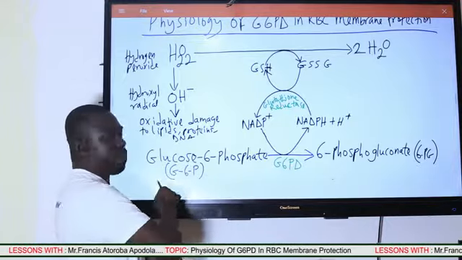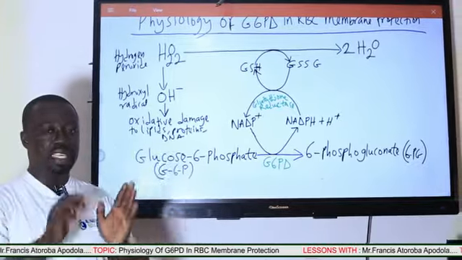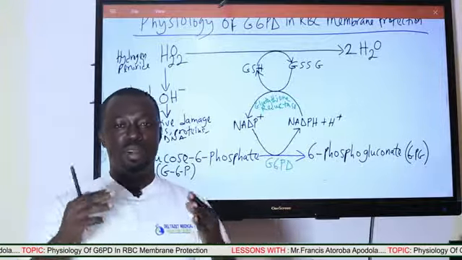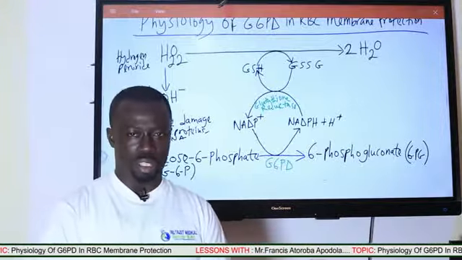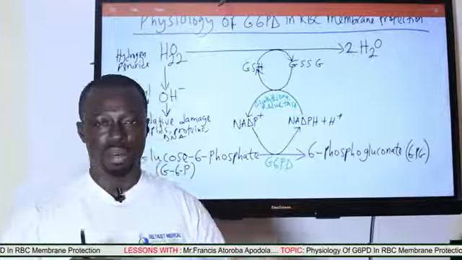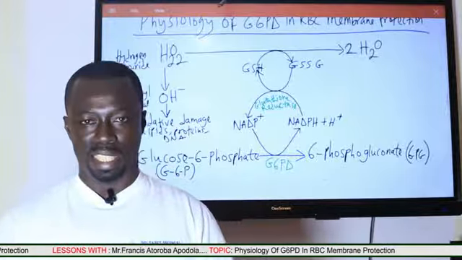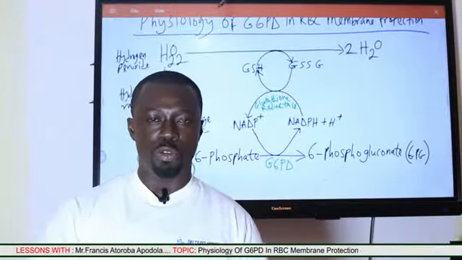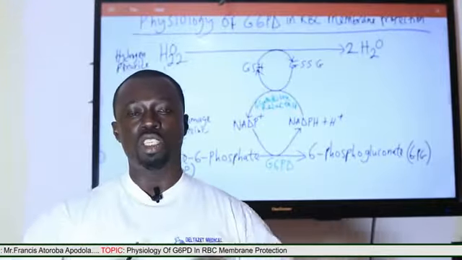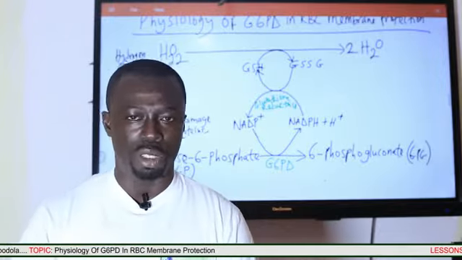Now, the first step in this particular reaction is a dehydrogenation reaction. Dehydrogenation simply means the removal of hydrogen. This simply means that this reaction is an oxidation reaction. Recall that oxidation, apart from being defined as the addition of oxygen and the removal of electrons from a species, can also be defined as the removal of hydrogen atoms.